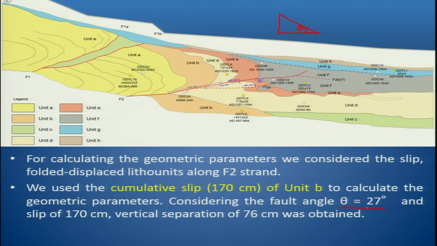So we consider 27 degrees, and the total slip of 170 centimeter gave, with simple trigonometry, around 76 centimeter of vertical displacement. Slip is 170 centimeter here, and theta is around 27 degrees.